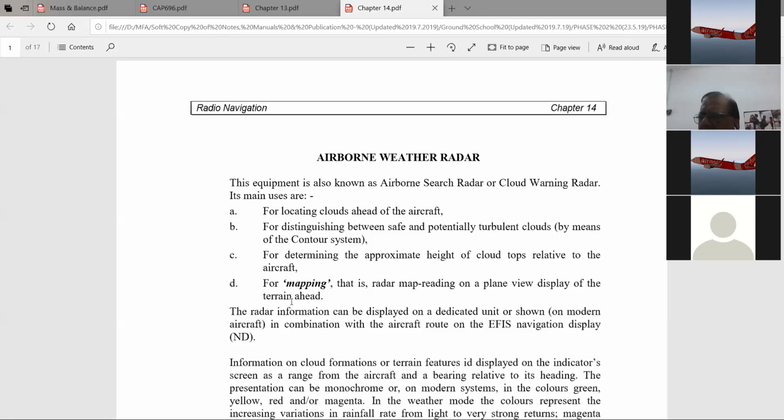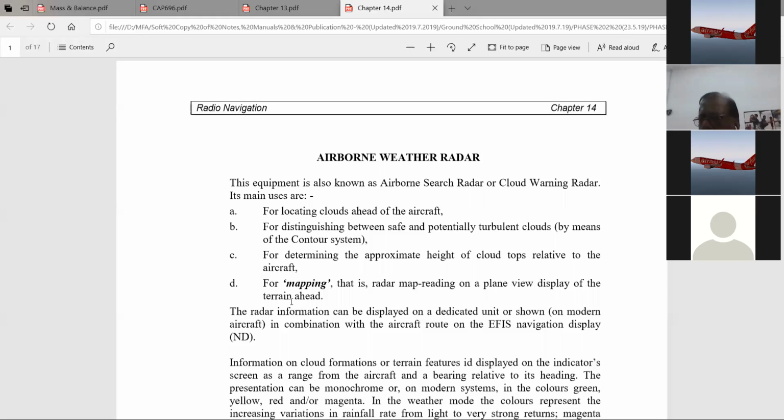Nowadays, you have 2 types of weather radars on board the aircraft. Mostly nowadays, of course, you have something known as colored weather radar, where the color indicates danger. Green is okay, while magenta and red are the colors which indicate clouds that are dangerous or likely to have more turbulence.